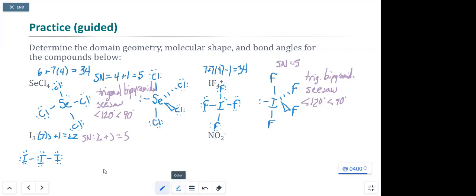Difference is this time, all of those lone pairs are all going to go in these equatorial positions in the middle of that ion. And the iodines are going to line up here in a row.